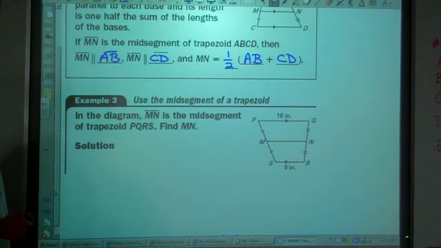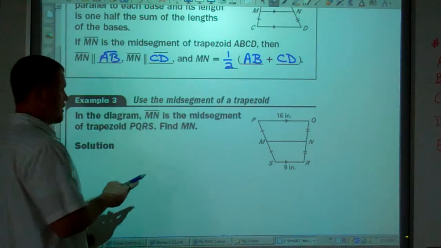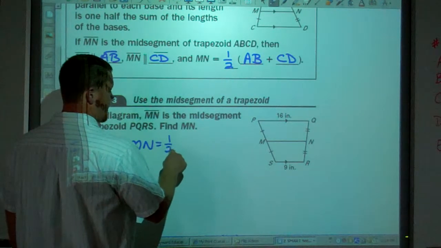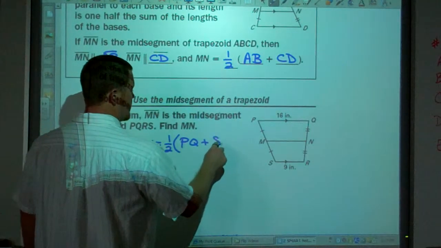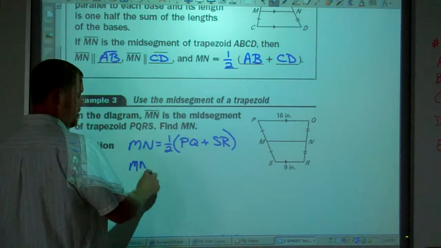Knowing that, in the diagram, segment MN is the mid-segment of trapezoid PQRS. Find the length of MN. Alright, so the length of MN equals 1/2 the length of PQ plus the length of SR. Substituting the values that we know. Well, we don't know this one.